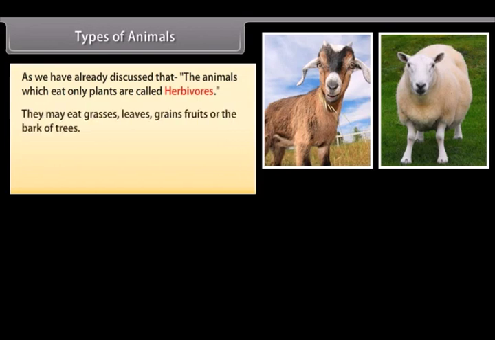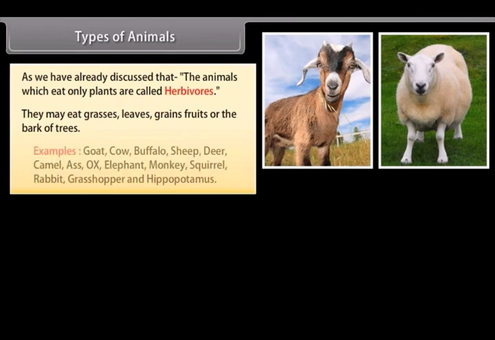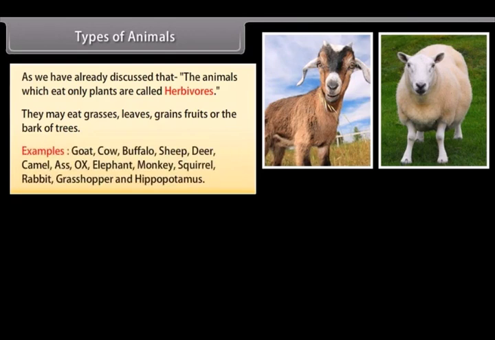They may eat grasses, leaves, grains, fruits, or the bark of trees. Examples: goat, cow, buffalo, sheep, deer, camel, ass, ox, elephant, monkey, squirrel, rabbit, grasshopper, and hippopotamus.